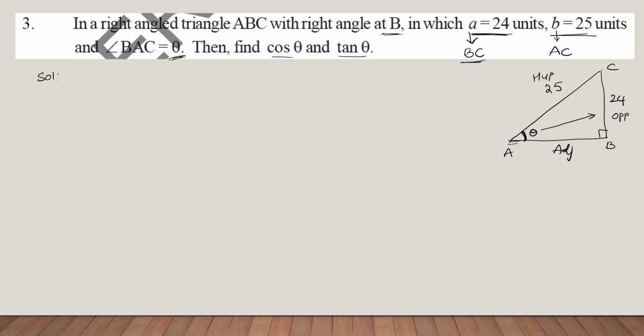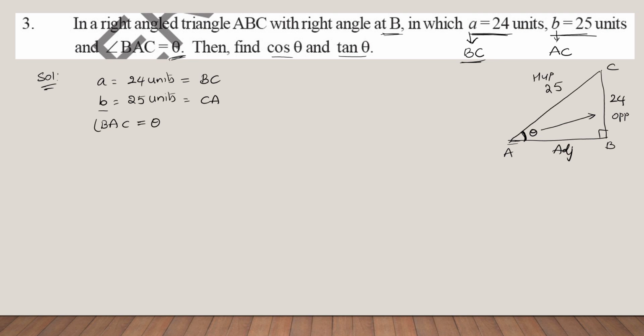Clearly writing down what is given: small a is equal to 24 units, which means side length BC. The same way, small b is equal to 25 units, which means side length CA. And next, angle BAC is equal to theta.